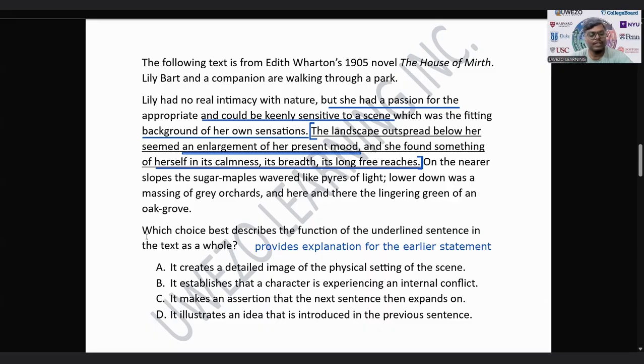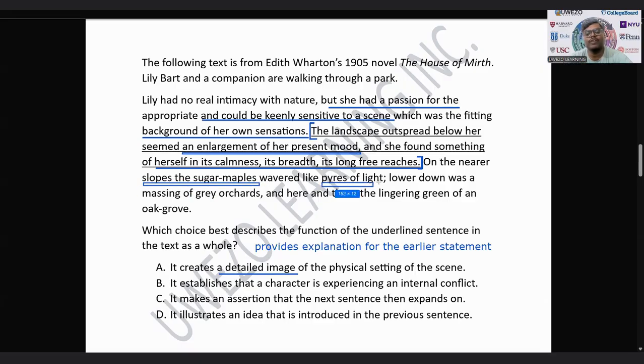So option A says it creates a detailed image of the physical setting of the scene. Now, this looks pretty close, but if you look at the sentence one more time, it is not giving you a detailed image. The detailed image comes after the underlined portion, where we are talking about slopes, the sugar maples wavered like pyres of light.